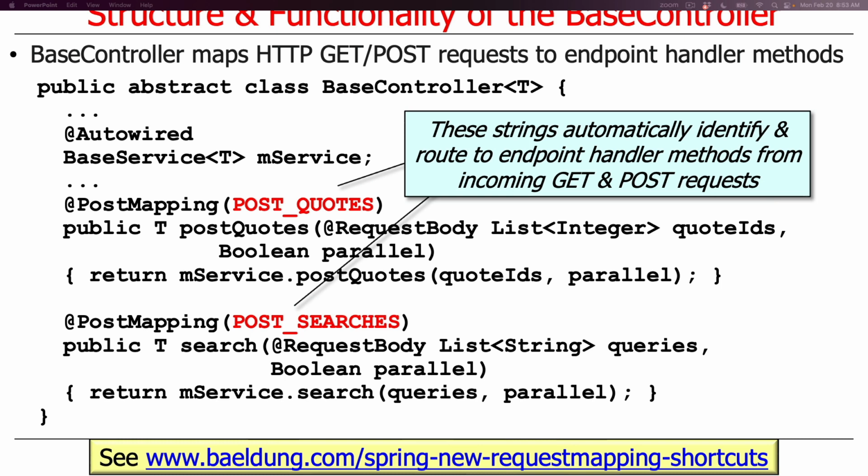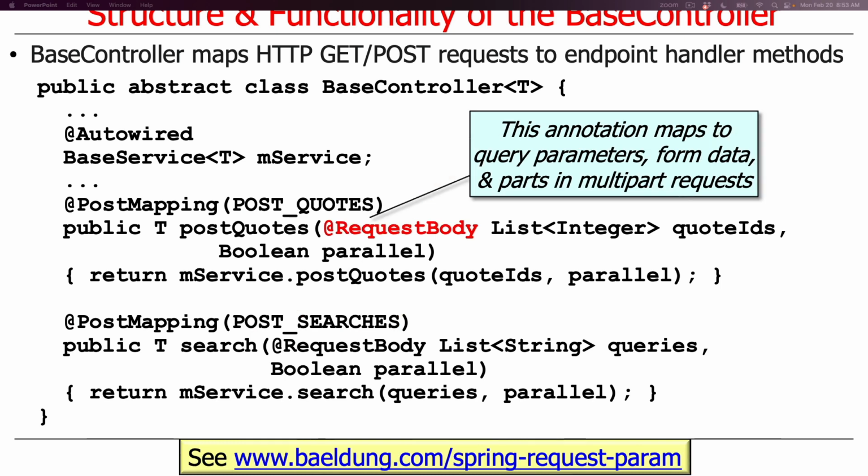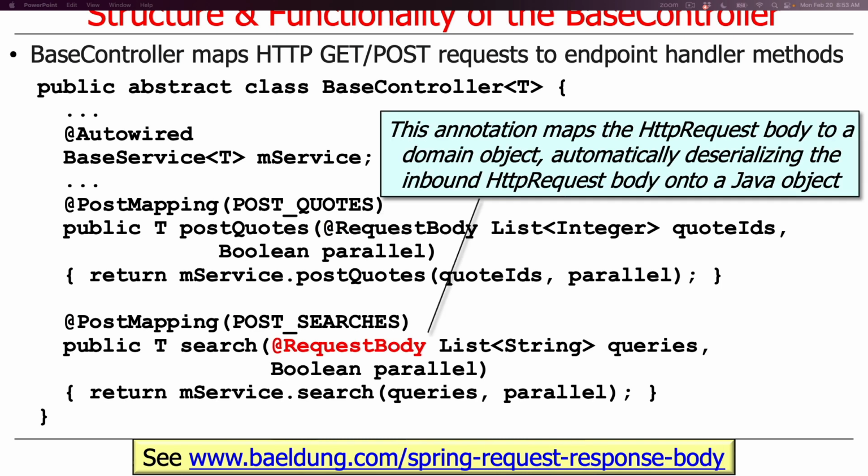So these are both post endpoints, and request body basically says that you want to take the request that's being sent by the client and stick it into the body of the HTTP post request.